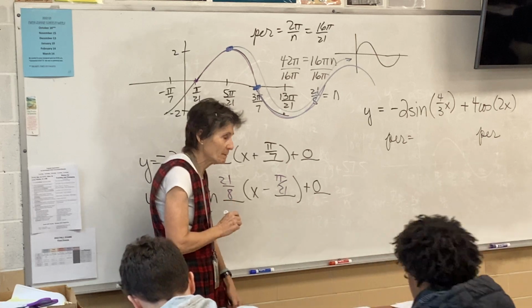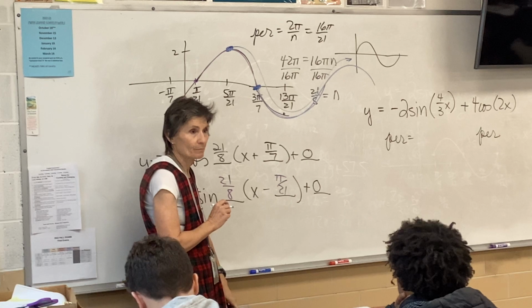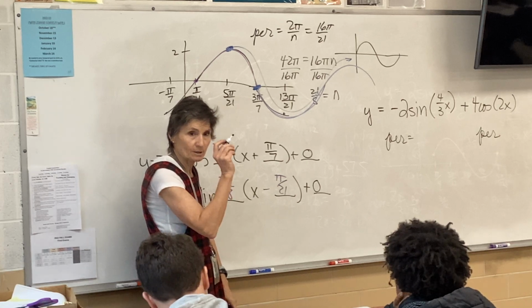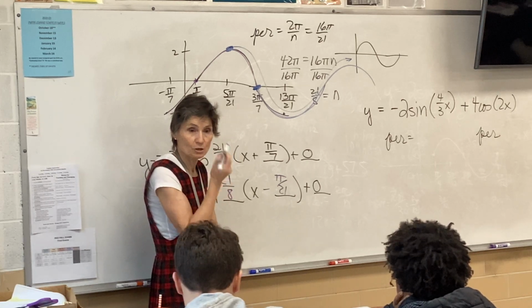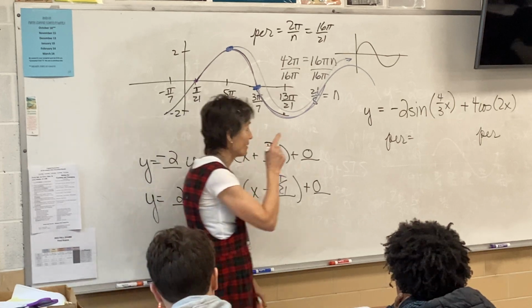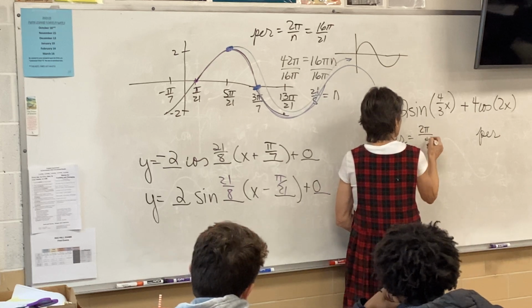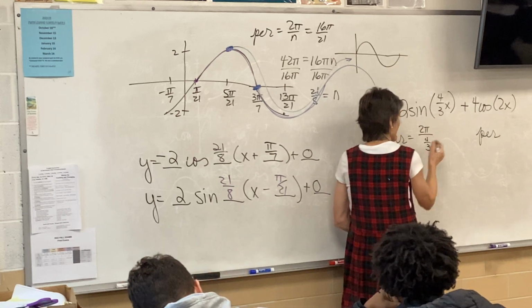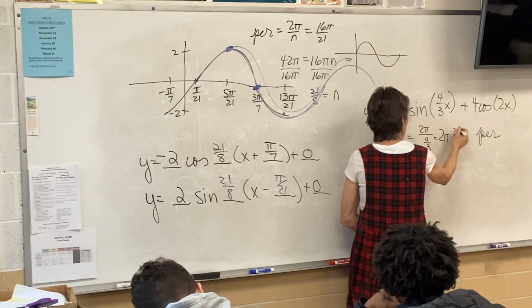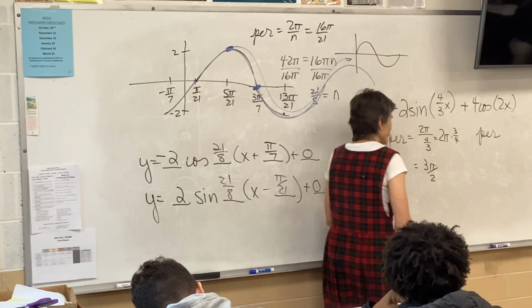How do we find the period of a trigonometric function? We take the normal period, which is 2 pi for a sine and cosine, and divide it by that number. So the period is 2 pi divided by 4/3, which is 2 pi times 3/4, which is 3 pi over 2, is that right?